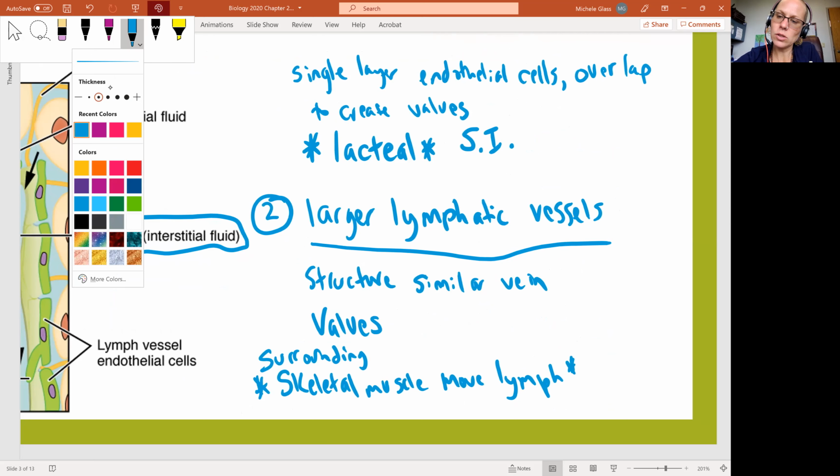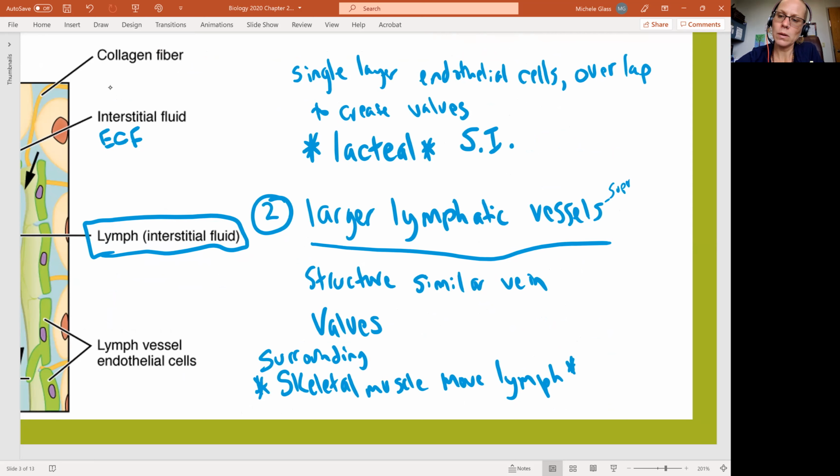The superficial large vessels are going to be more like following the veins in terms of their anatomy and their location, whereas the deep vessels are more like following the arteries, again in terms of their anatomy, meaning their location in the body.